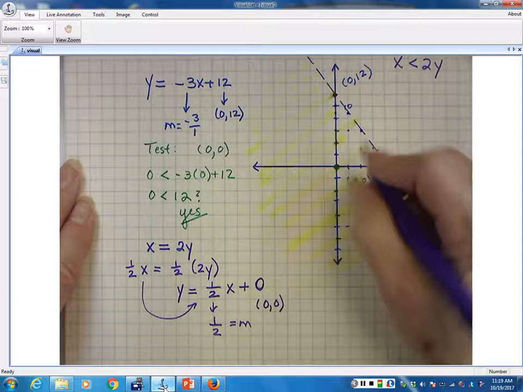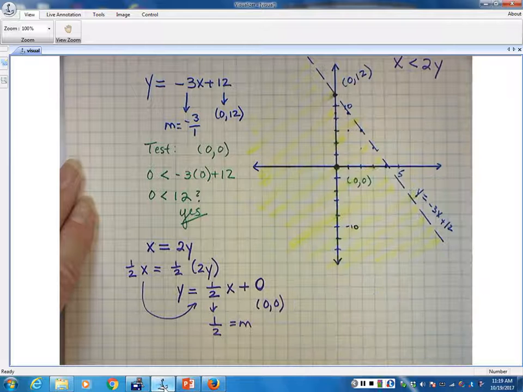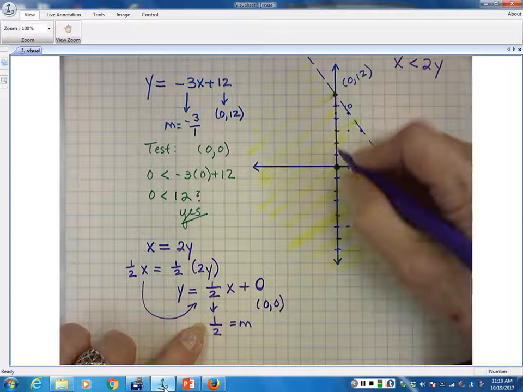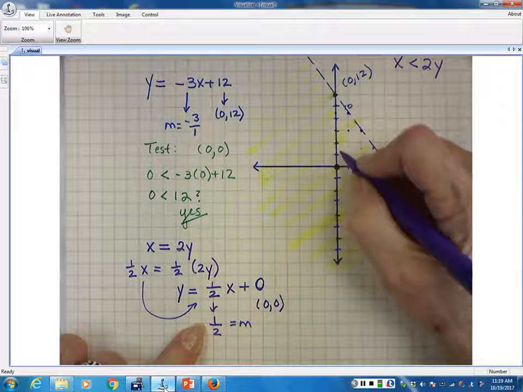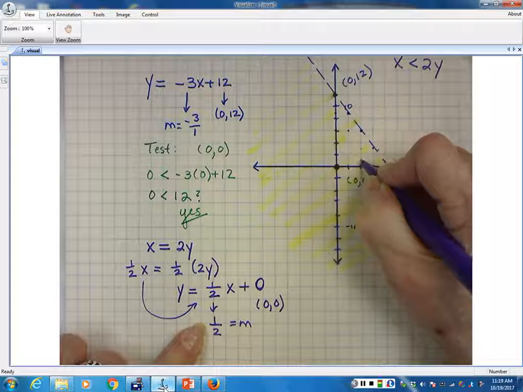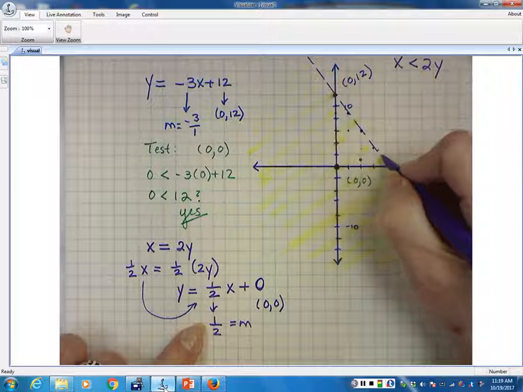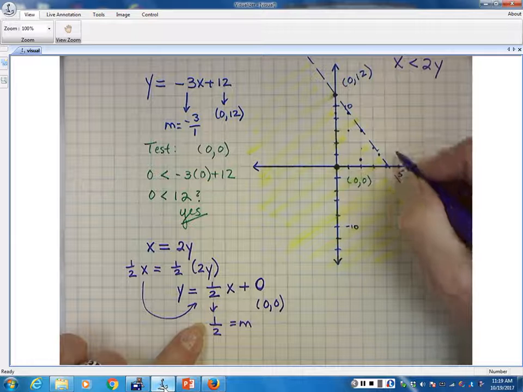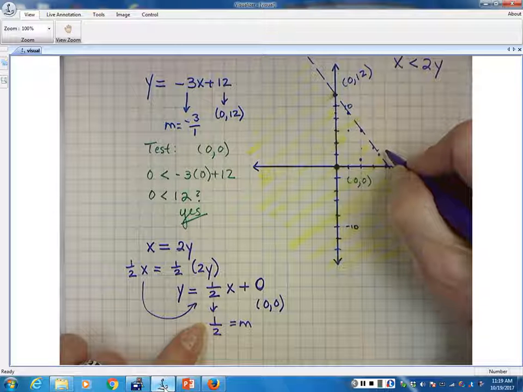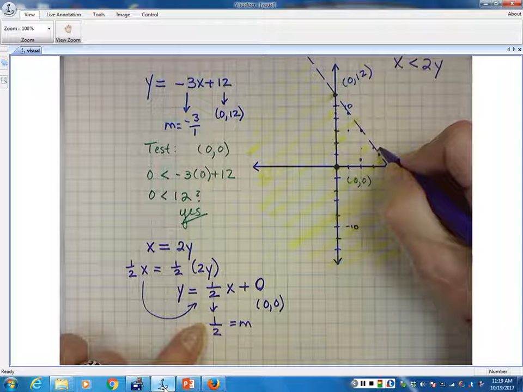So I'm going to go to the point 0, 0, and I'm going to go up 1. Remember, this is 2, so I'm going to go up 1 and right 2. And then up 1 and right 2.